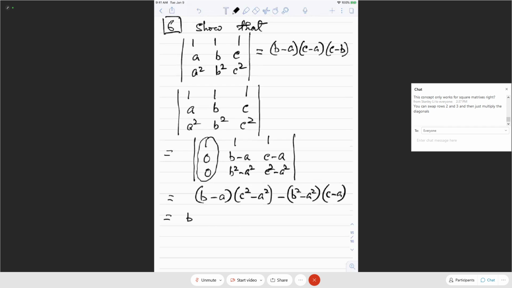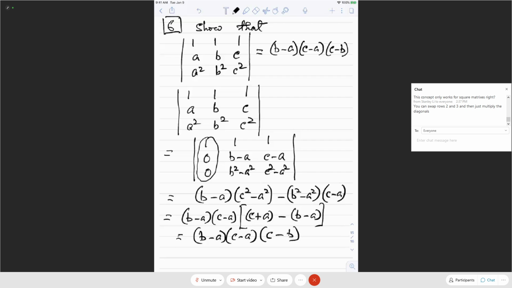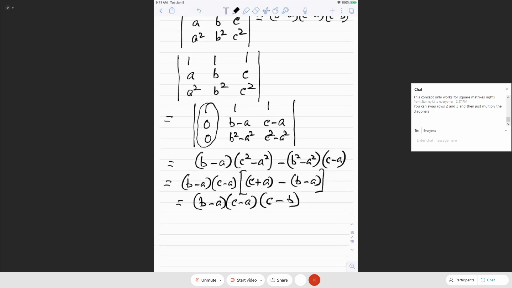So that is B minus A times C minus A. And then you have C plus A minus B minus A. So that is B minus A, C minus A, C minus B. Good. That's it.